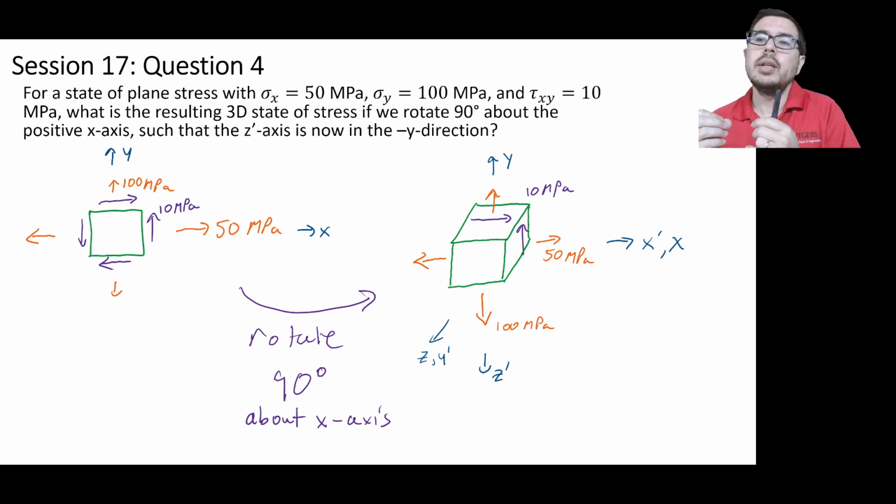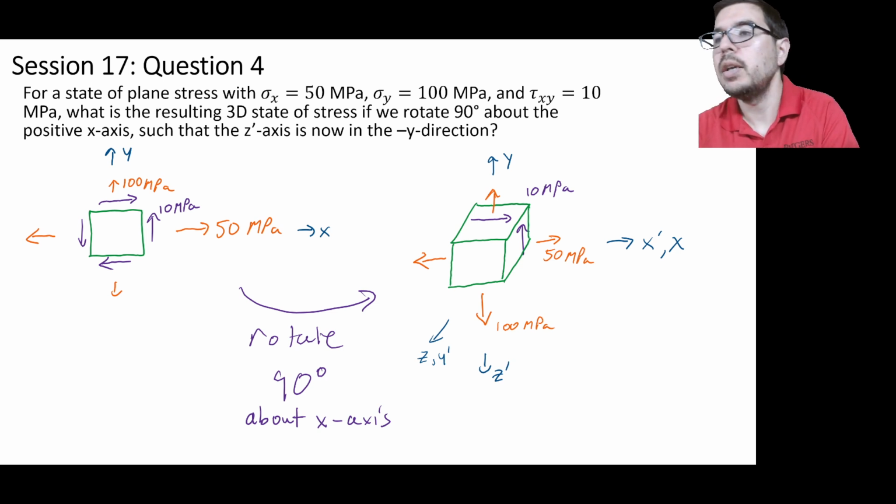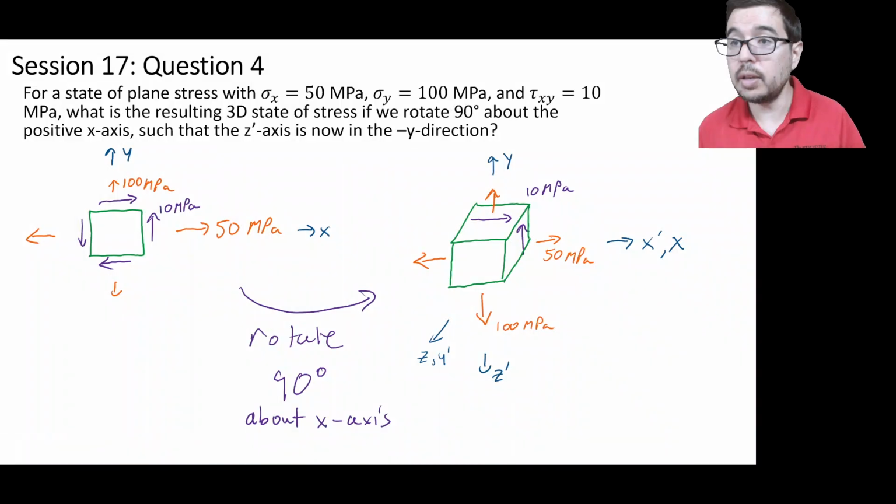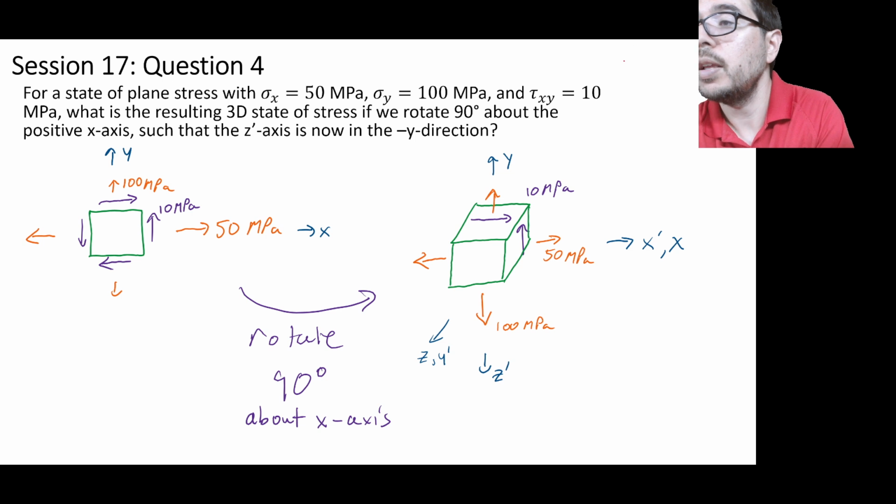So how do we describe this state of stress in the x prime, y prime, z prime coordinates? Let's write out sigma x prime equals what? Sigma y prime equals something.